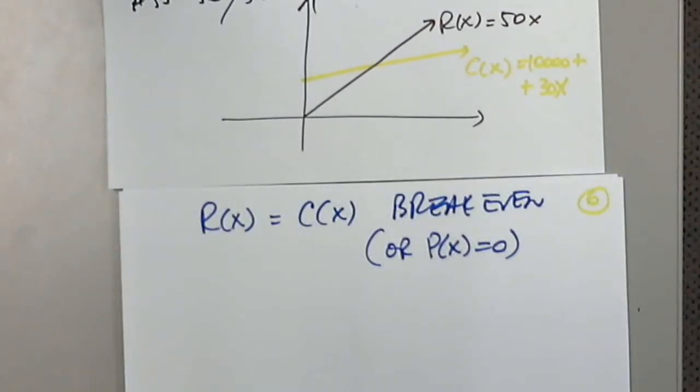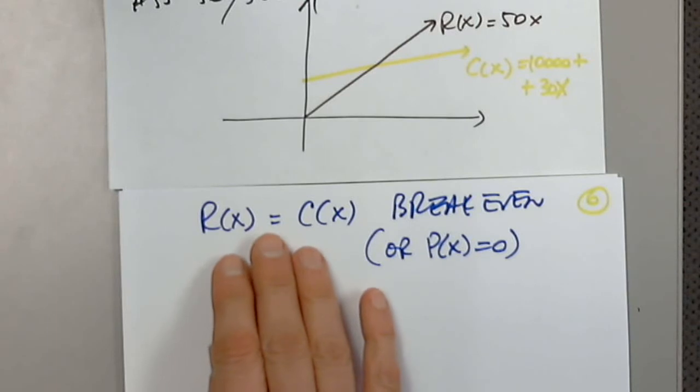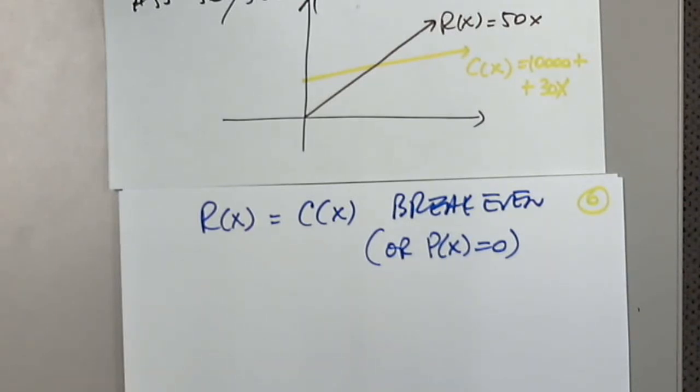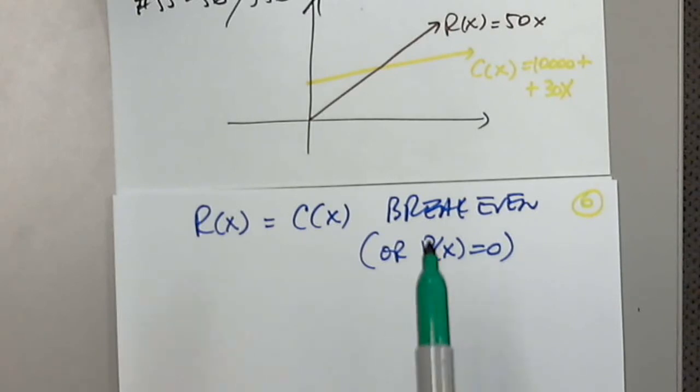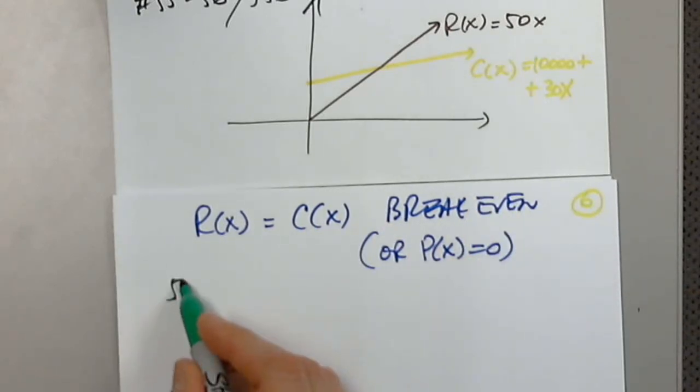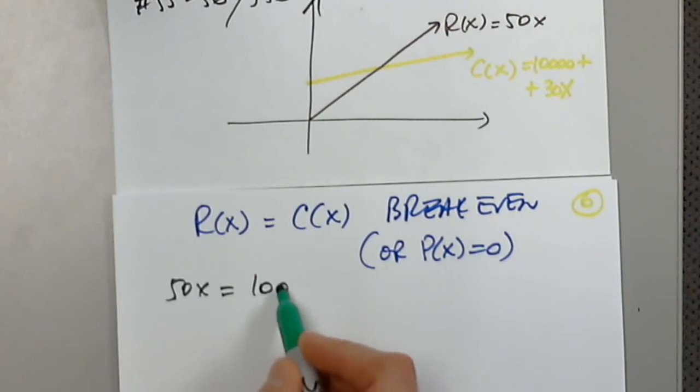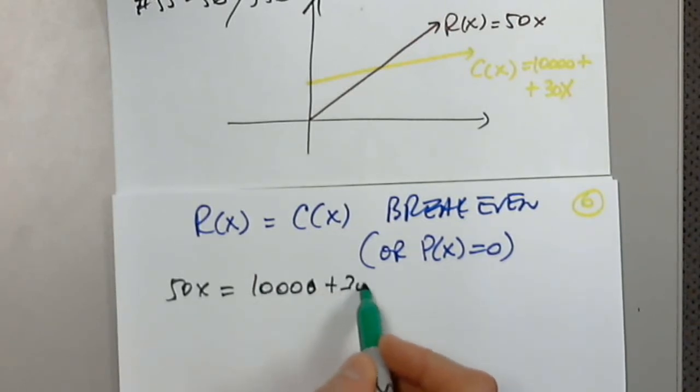So what do I have to write? Anyone, please. You're just setting the two equations equal to each other. So two expressions. Is it 50x equals 10,000 plus 30x? Good. That's all I have to do.